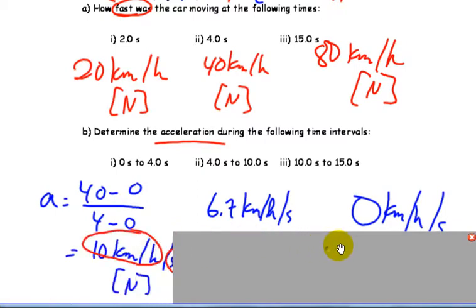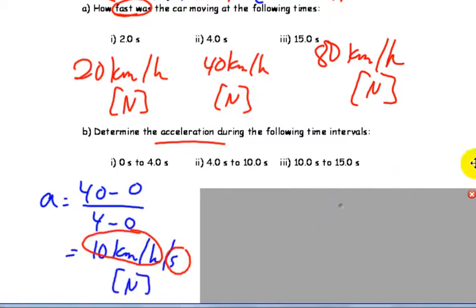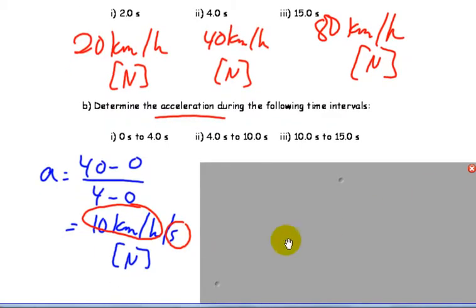That is going to give us 10 kilometers per hour per second north. Okay, so it's very fast. As every second passes by, our speed is changing by 10 kilometers per hour every second. So from 4 to 10 and 10 to 15.